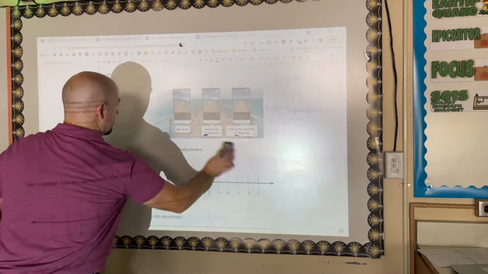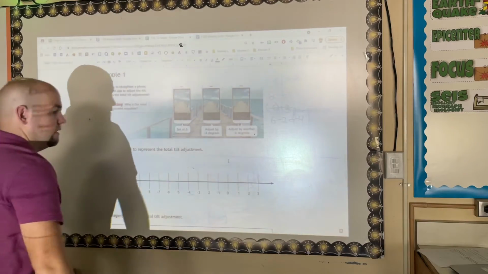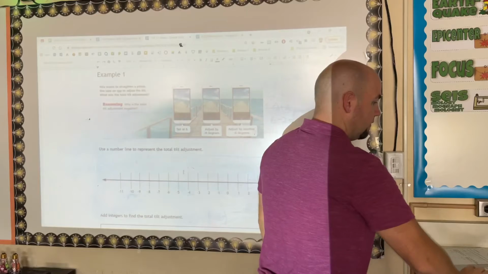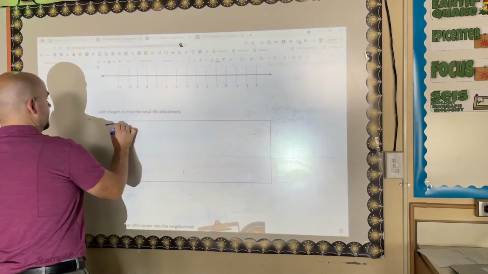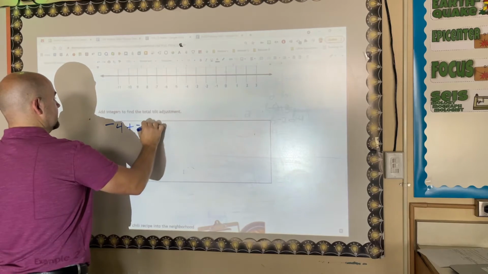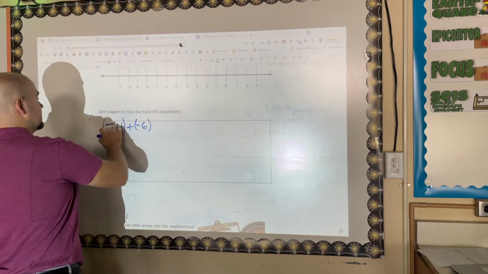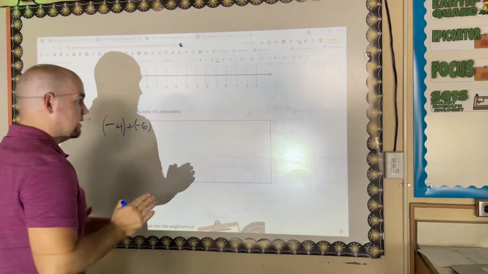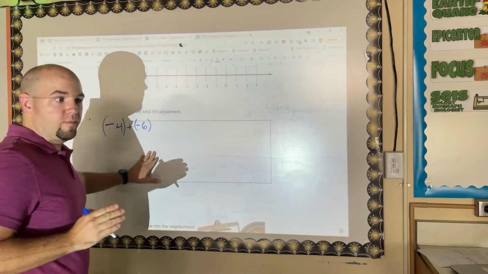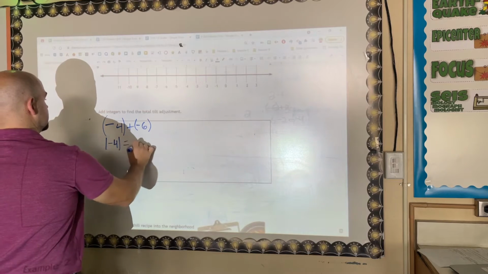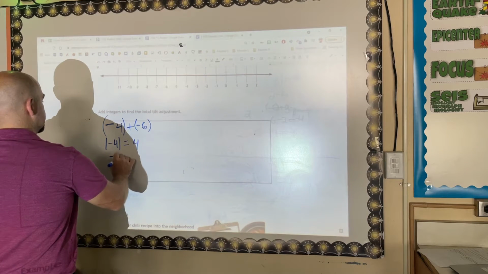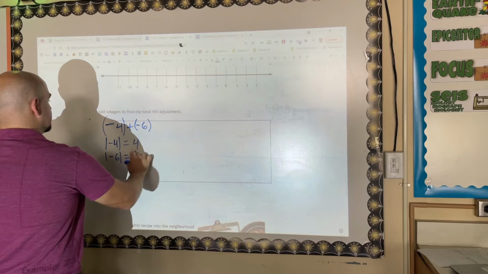We're going to add them to figure out what the total tilt adjustment is. So we're looking at negative 4 plus a negative 6. Our signs are the same, so we can find the sum of the absolute values. Negative 4, the absolute value is 4. And negative 6, the absolute value is 6.